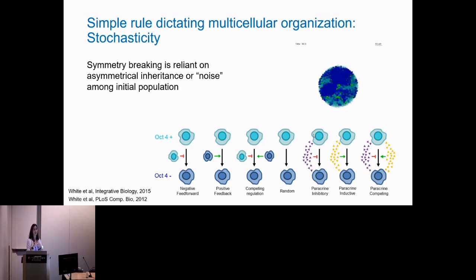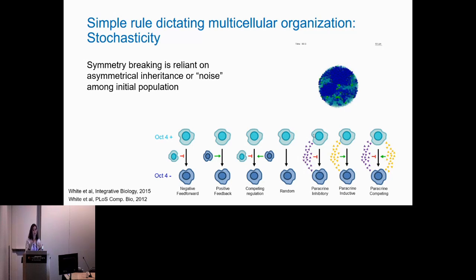Whether that's caused by asymmetric inheritance during division or some kind of stochastic noise, which we know happens with Nanog, one of the pluripotent factors, those fluctuations give rise to something pulling the trigger, or tipping the dominoes, if you will. So you have to have some kind of event like that to cause symmetry breaking.